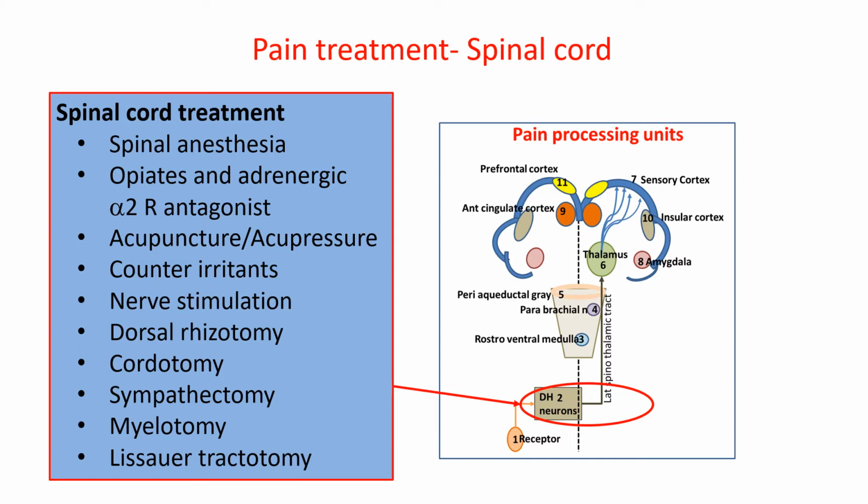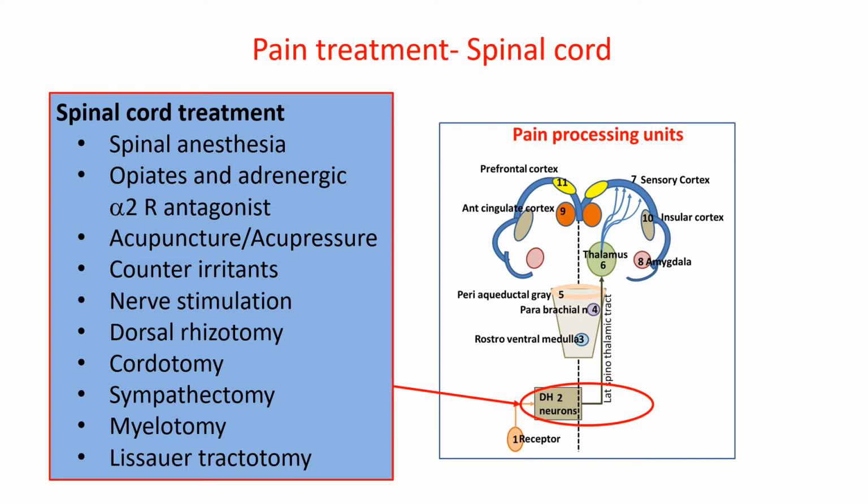Dorsal rhizotomy, that means dorsal root sectioning, would relieve the pain, especially in case of the intractable pain of terminal illnesses, to help the patient and to provide him a better quality of life. Chordotomy, that means, say for example, you cut the lateral spinothalamic tract on the opposite side and relieve the pain on the contralateral side.